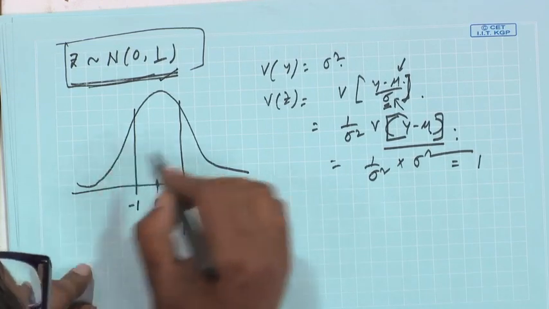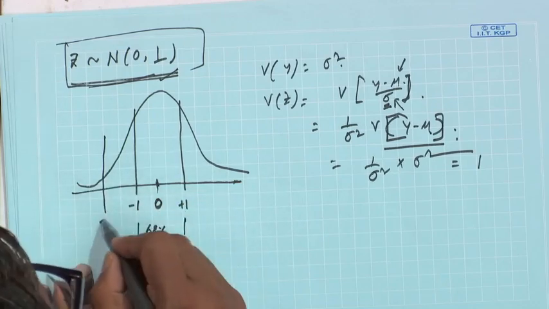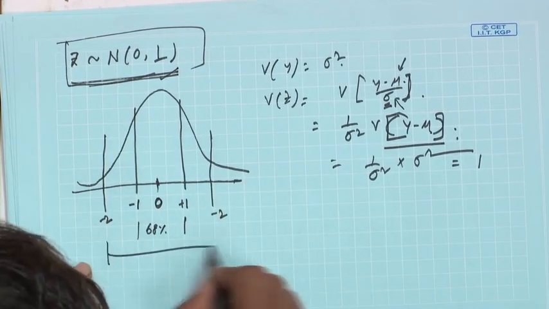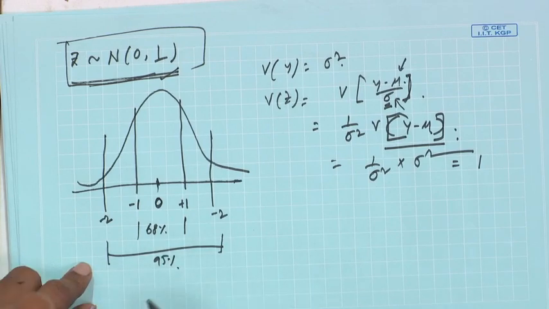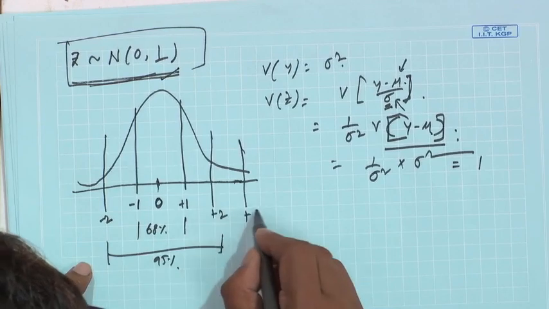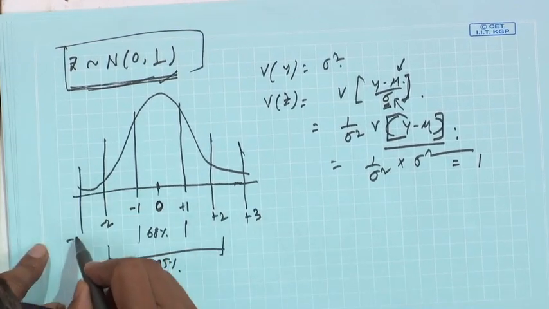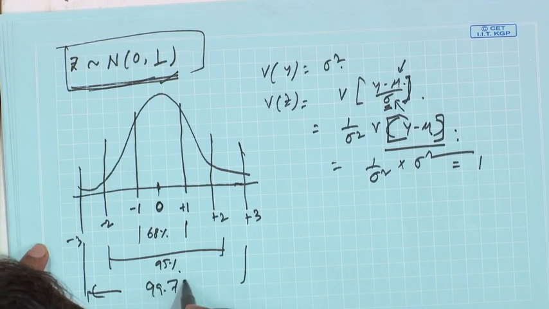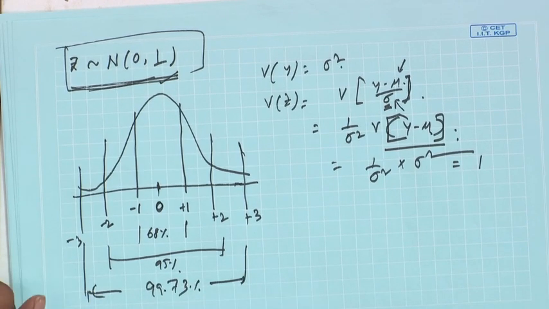Similarly, 2 sigma, minus 2 and plus 2, where approximately 95% will fall. Then 3 sigma, plus 3 and minus 3, and in this area 99.73% will fall.